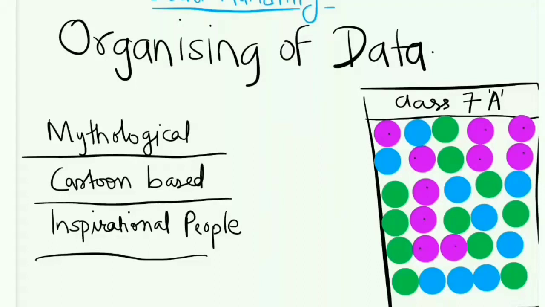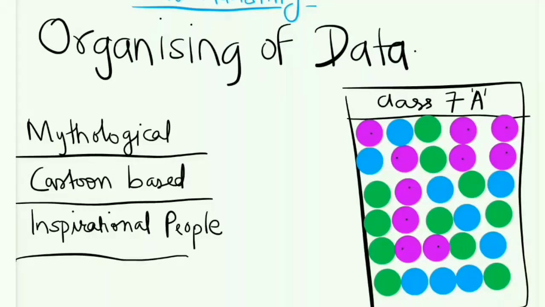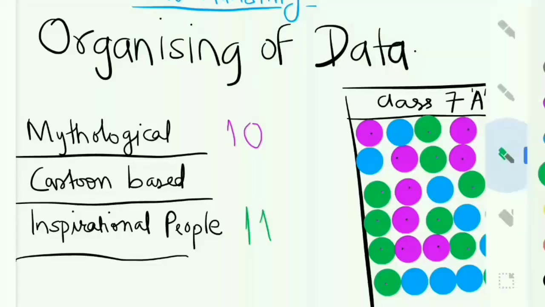According to this piece of paper, there are 1, 2, 3, 4, 5, 6, 7, 8, 9, 10. 10 people who want a mythological character based canteen theme. Then 1, 2, 3, 4, 5, 6, 7, 8, 9, 10, 11. 11 people want an inspirational people based canteen theme.